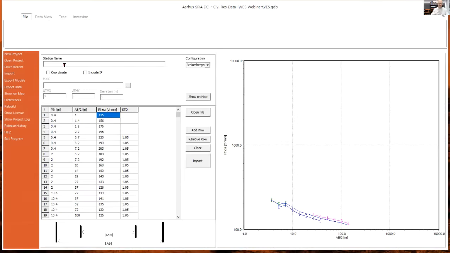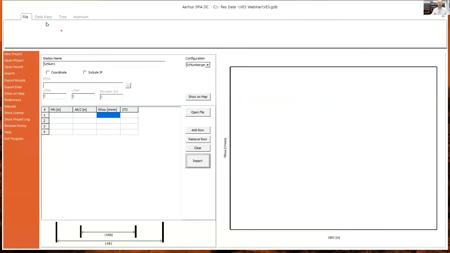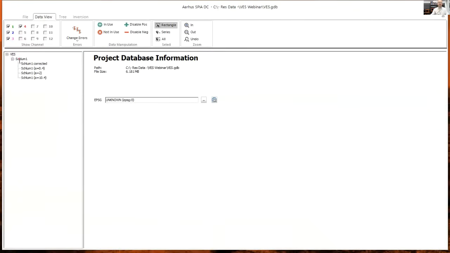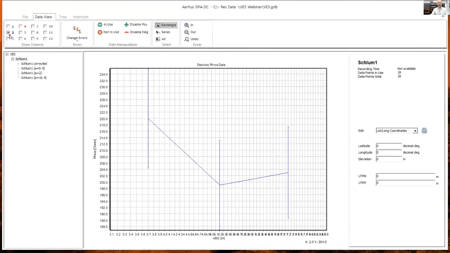Oh, I have to give the VES node a name. So this was Schlum1. Import. And then in my data view, if I click on the measurement sounding, what I see is 4 different data streams. So if I switch the others off, AB equals, A spacing, the MN spacing difference between the voltage pair of 0.4, so data points associated with that.